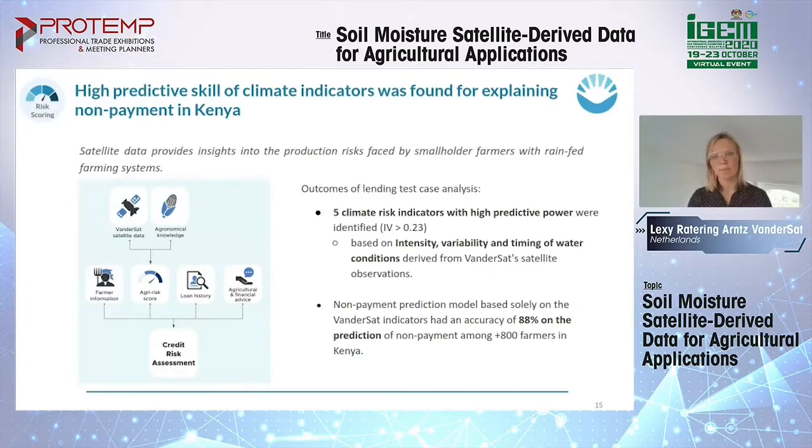And with the climate data that we have, we can actually predict what their production will be, and therefore their cash flows and their ability to then pay back the loans, just solely based on our satellite data, which is based on the intensity, variability, and timing of the water conditions derived from our data set. This is a really interesting application of our data that we are also currently developing.